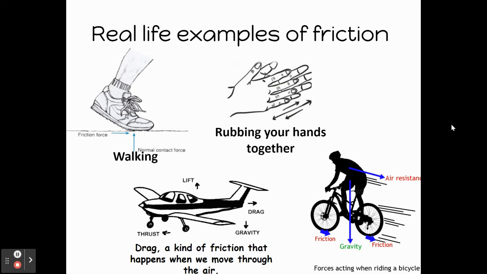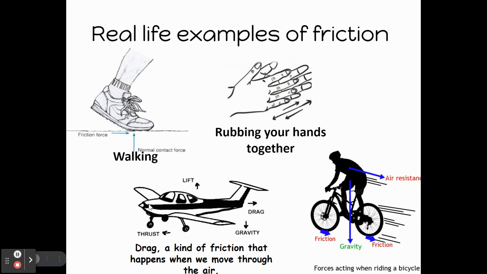Here are some other real life examples of friction. When you walk, the ground opposes your foot. It goes the opposite direction of the forward motion of your foot. It keeps you from slipping and sliding. Another example is you rubbing your hands together. There's friction in that.